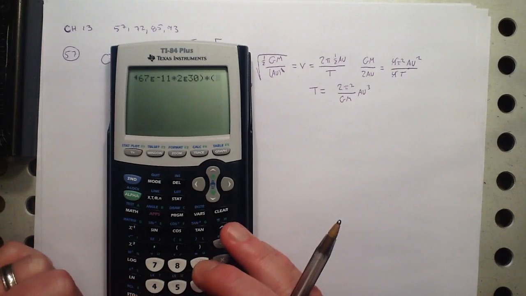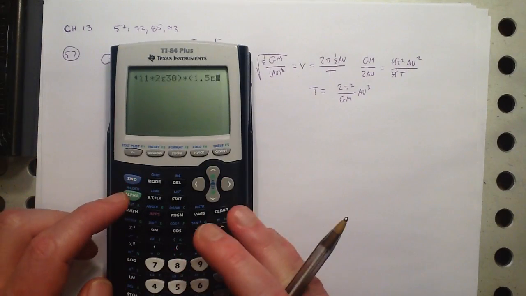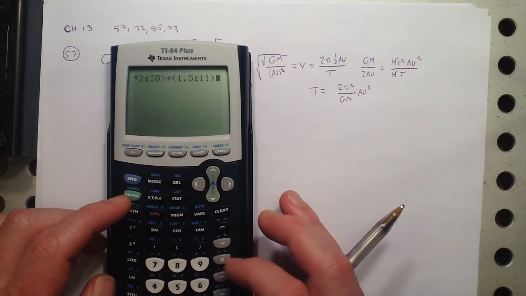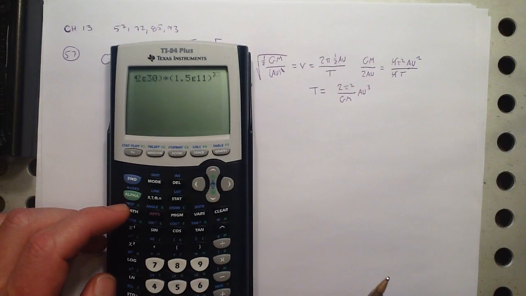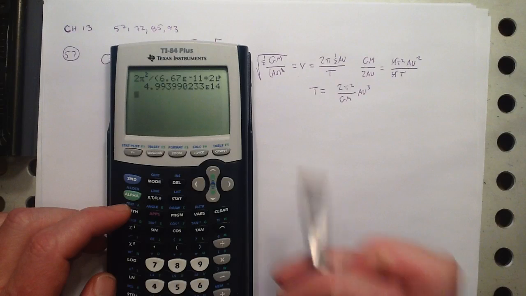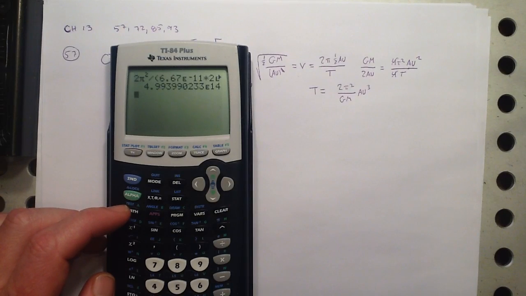An astronomical unit is about 1.5 times 10 to the 11th meters, cubed. And that's giving me the period there.